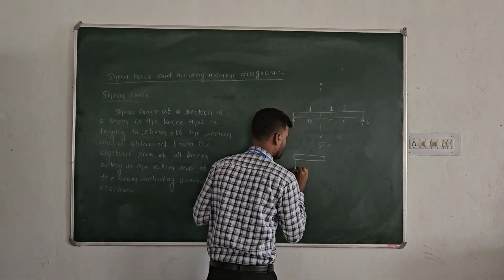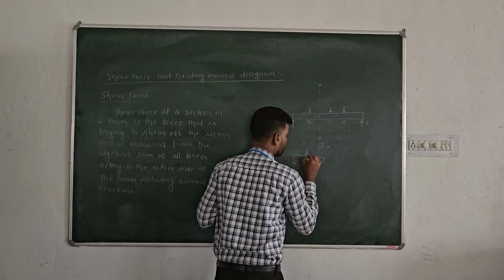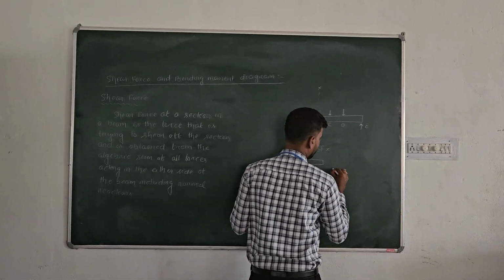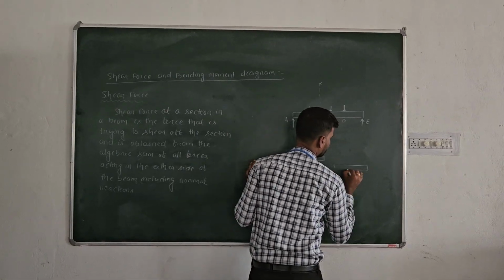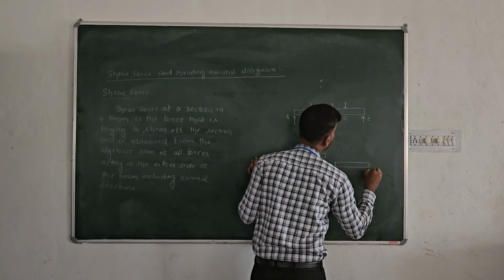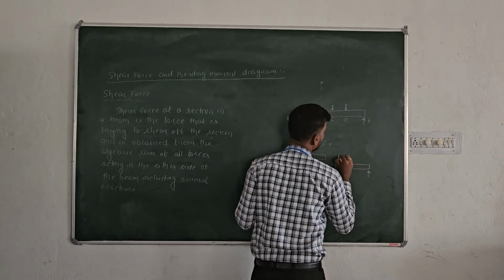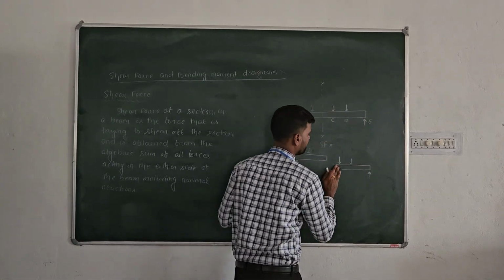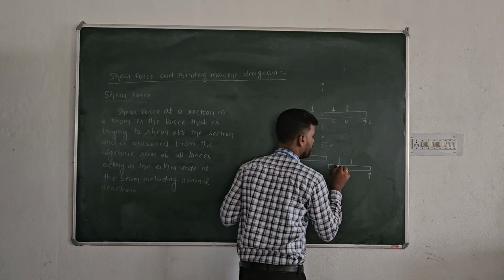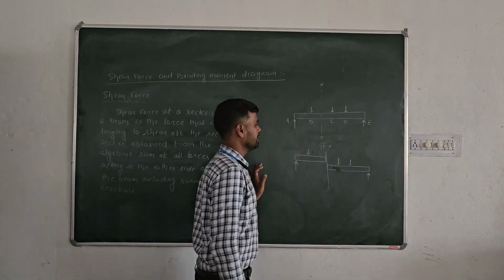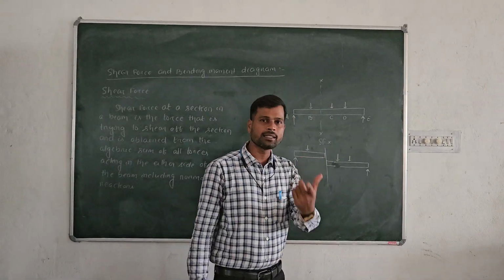See here, support A, load at point B, and this one is support at point E, and load at point B and load at point C. The member will break from here.